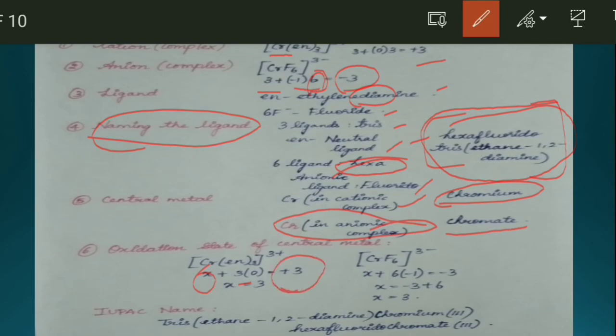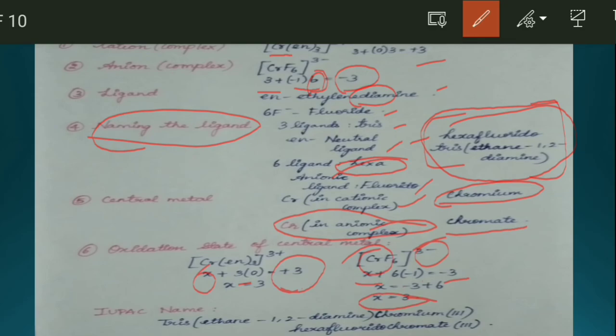For the other complex, [CrF6] 3-, we don't know the oxidation state of the central metal, so we are taking it as X, and fluorine is an anionic ligand, so it has a negative charge. It has 6 fluorine atoms, so 6 times minus 1 is equal to minus 6. Minus 3 is the charge of the complex. X is equal to minus 3 plus 6, we get plus 3. So we have done that.